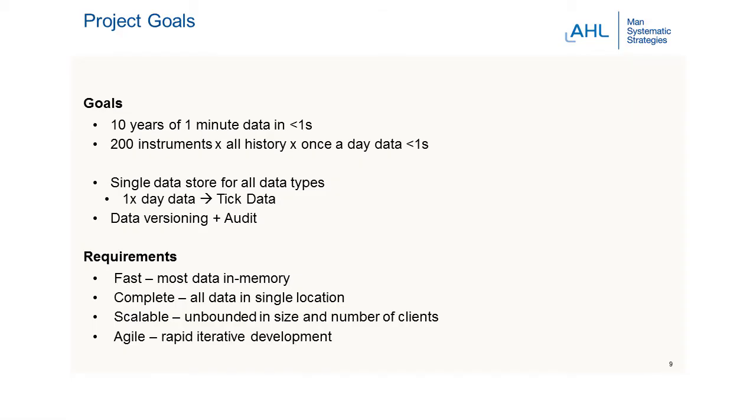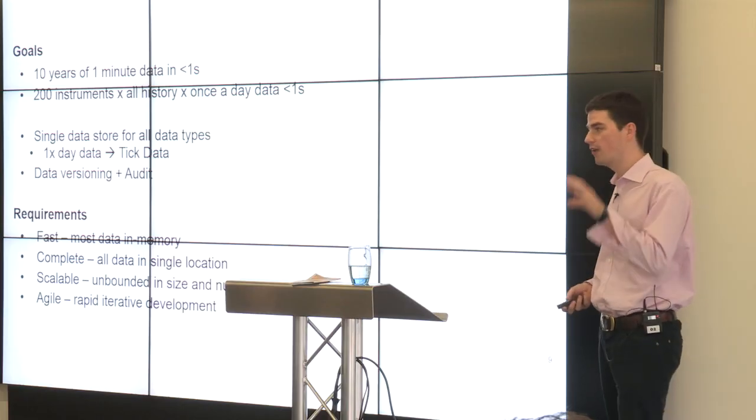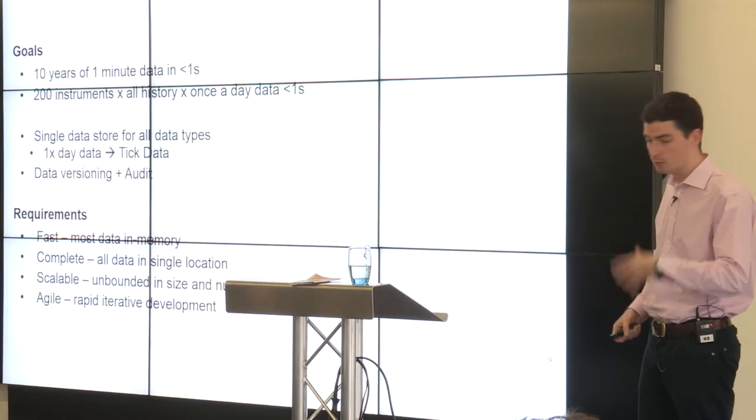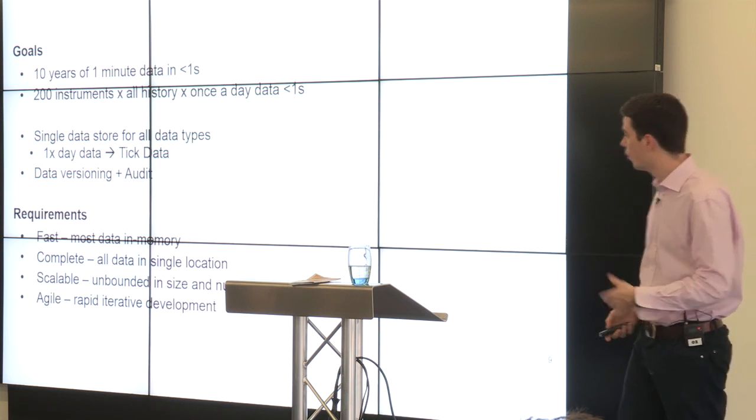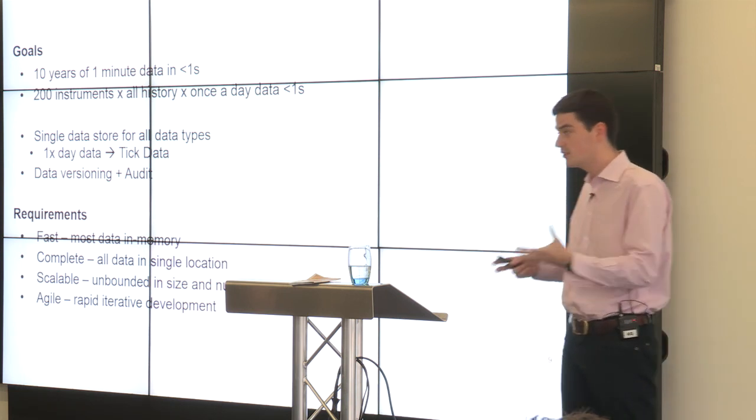So we had some goals. We wanted to be able to get 10 years of 1-minute data. That's about 3 million rows of data in less than a second. We wanted to be able to get all the history of once-a-day data for 200 future markets in less than a second. We wanted a single store for any data type, from once-a-day data to tick data. We wanted data versioning and audit, so like SVN for our data.